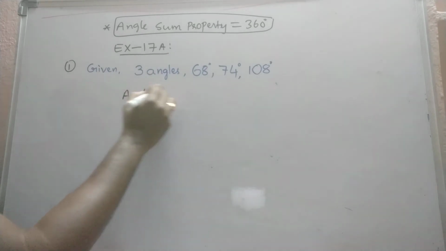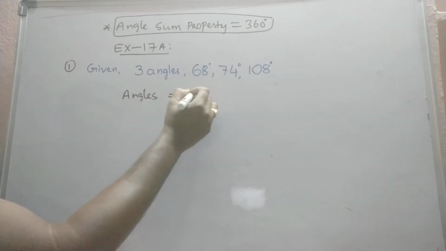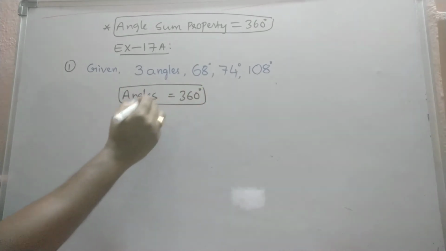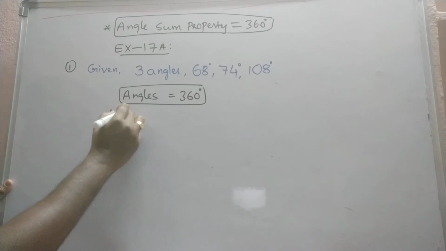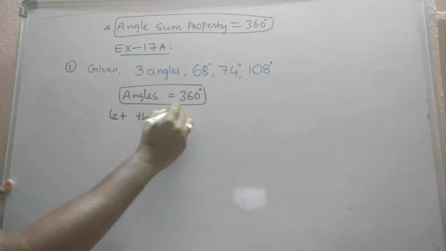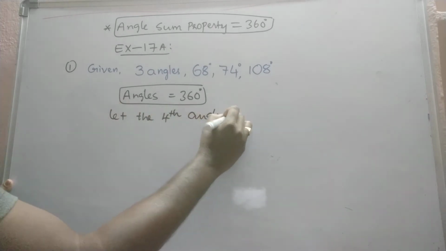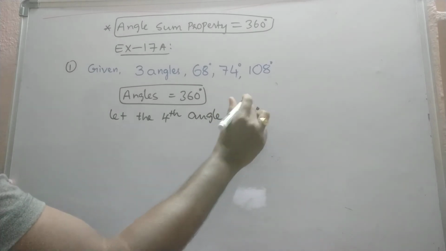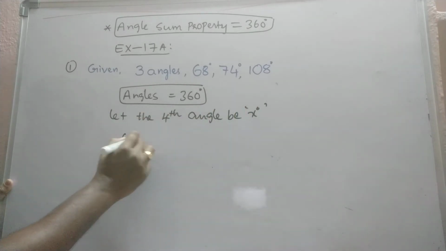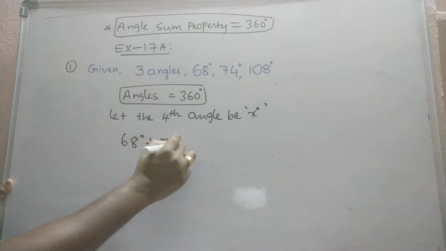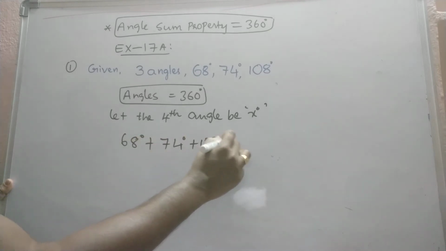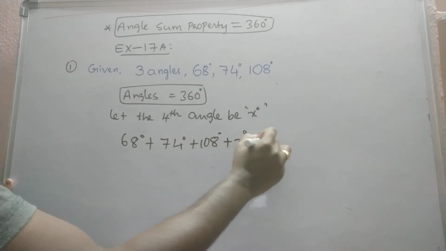The sum of angles in a quadrilateral is equal to 360. That statement we have to write. Let the fourth angle be x degrees. The sum of the 4 angles is equal to 360 degrees.